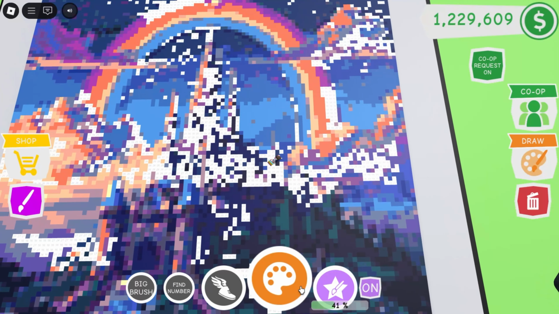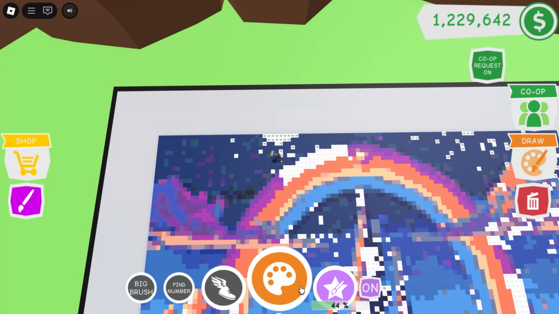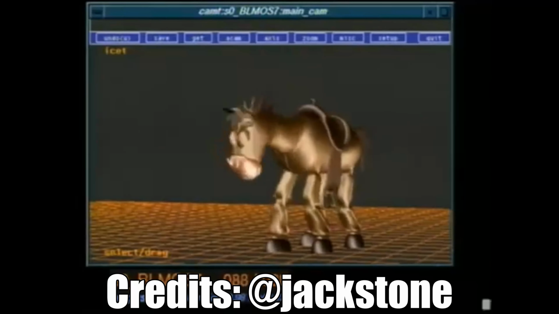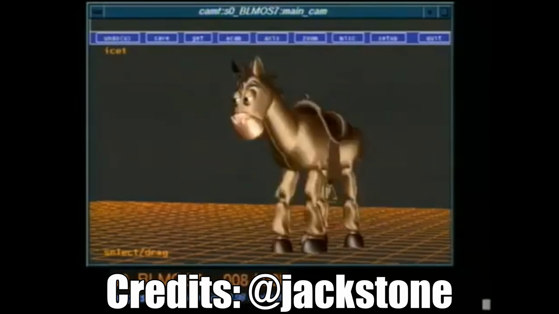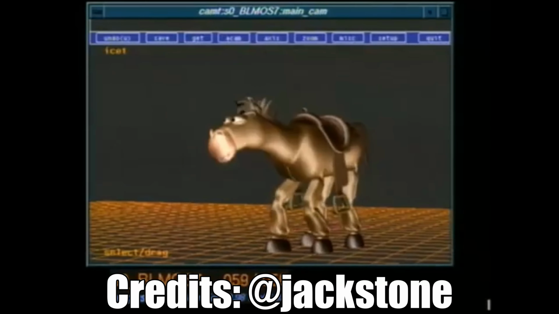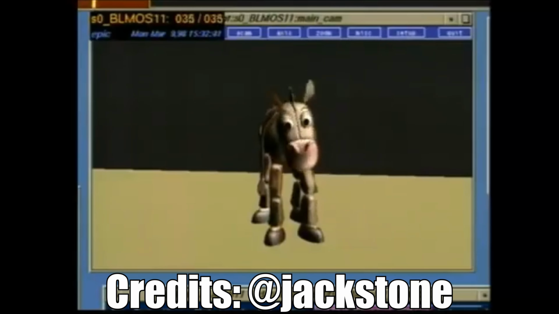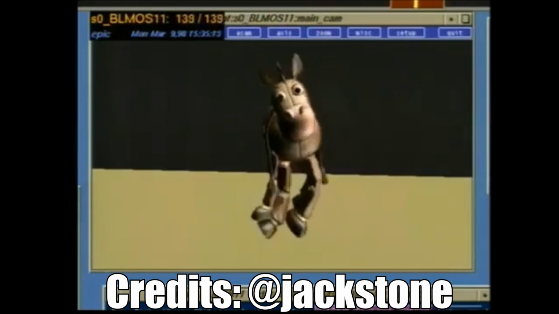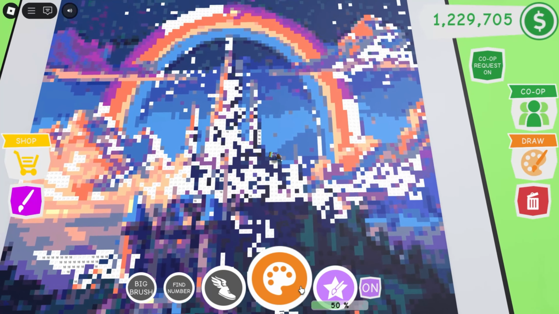Status: partially found. Toy Story 2 Bullseye dialogue test footage. The concept of having Bullseye talk persisted for a long time in development, with full lines appearing in early iterations of the script, but it was abandoned when Disney stated that either he or Jesse would have to be eliminated. The animation crew even performed some crude animation attempts to demonstrate how Bullseye talking would have worked.